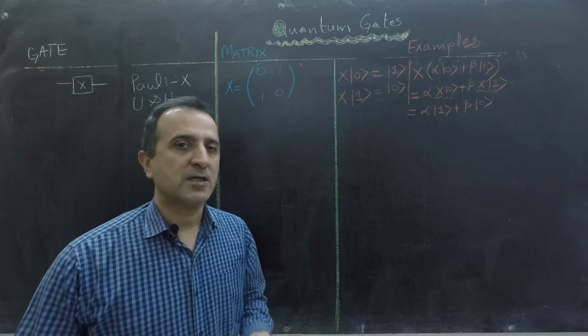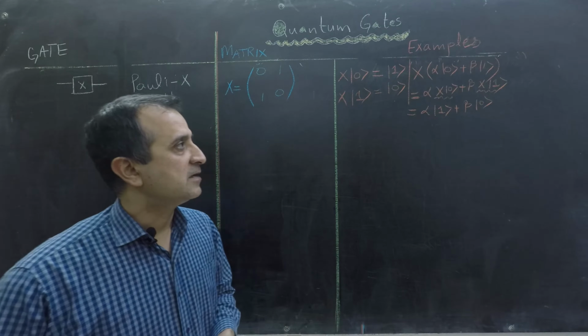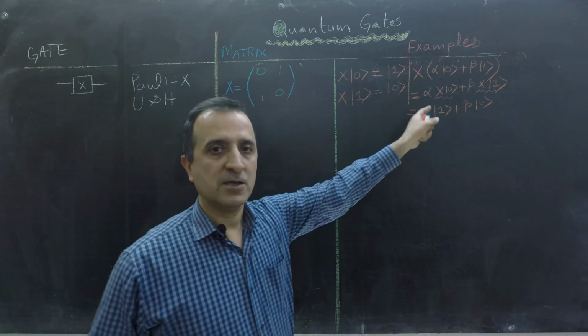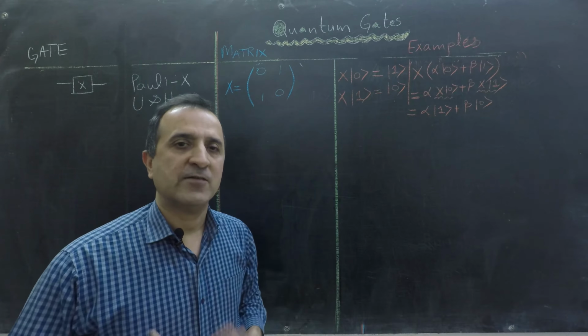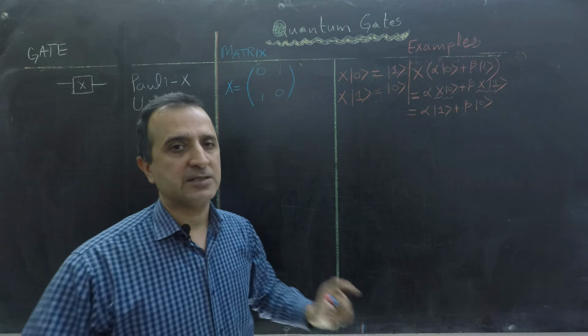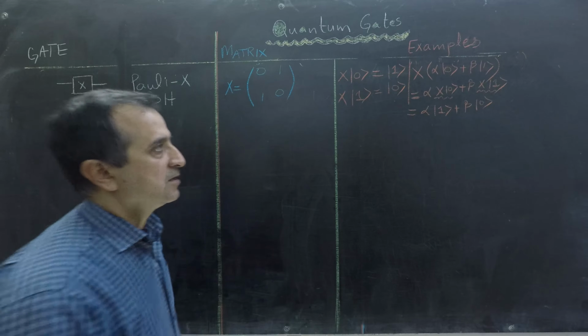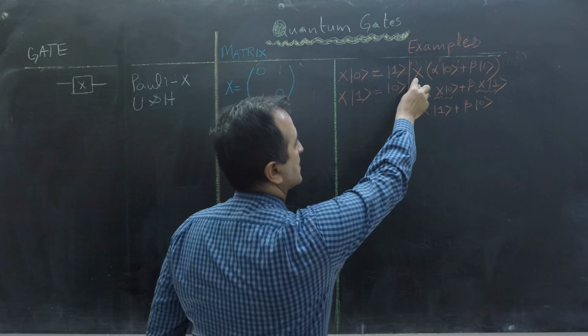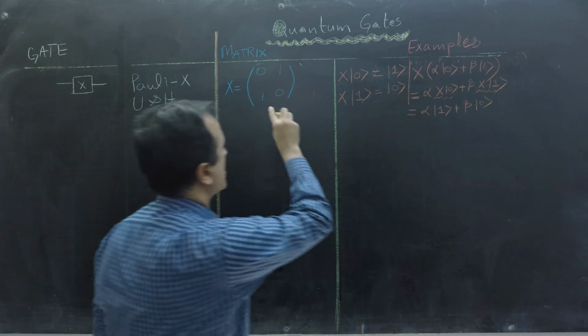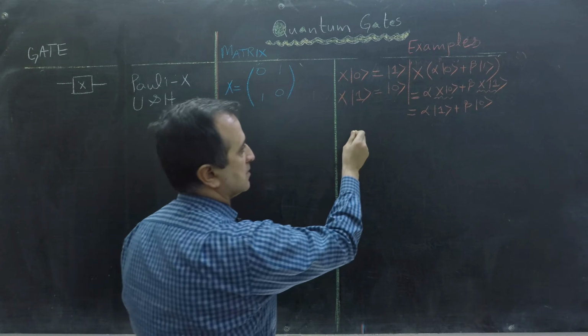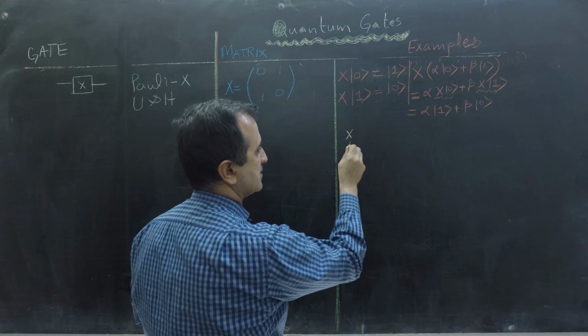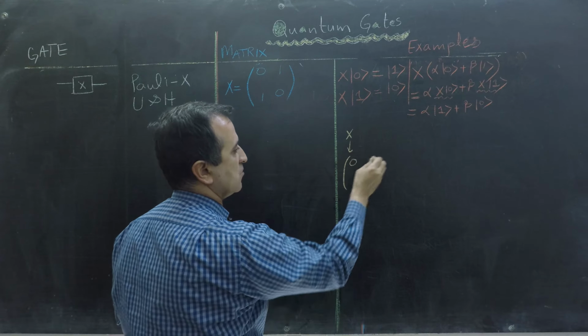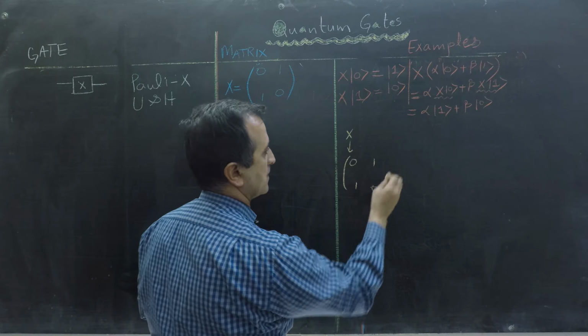Before exploring another quantum gate, let's verify this using matrix and vectors so that our concepts are crystal clear. To verify this, I write X in the form of a matrix. So this is my X, 0, 1, 1, 0.